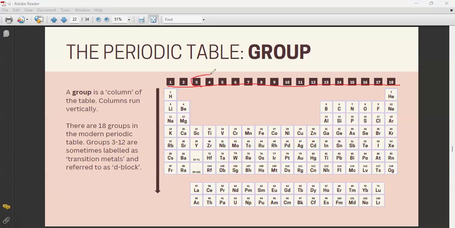The elements present in groups 3 to 12 are called transition metals, or we can refer to them as D block elements.